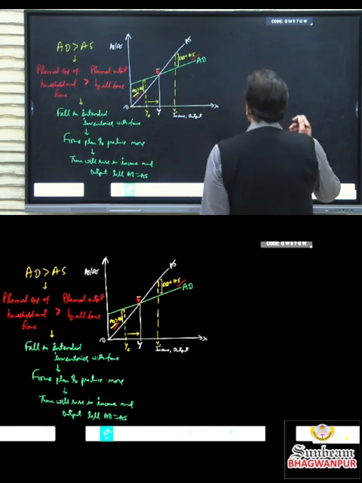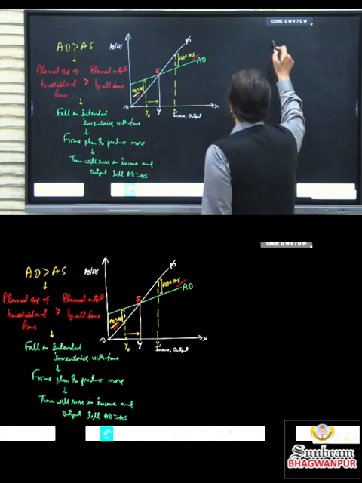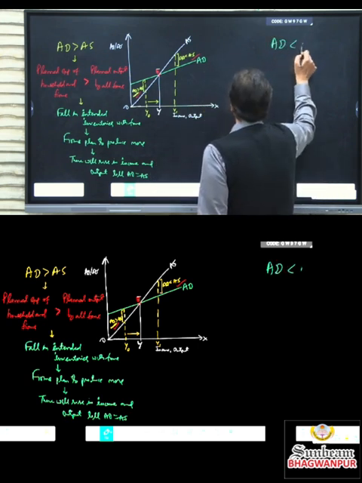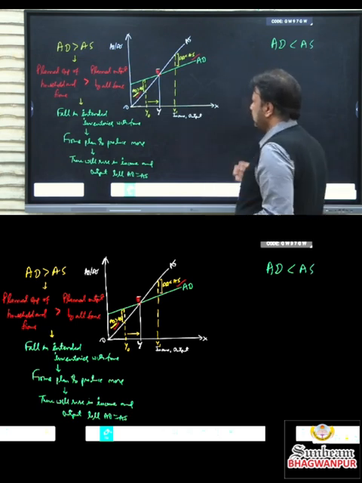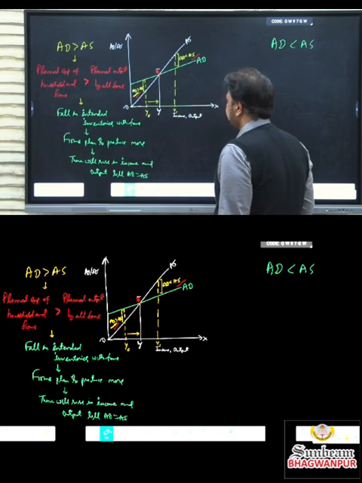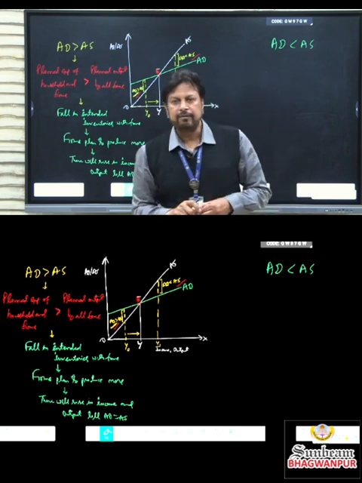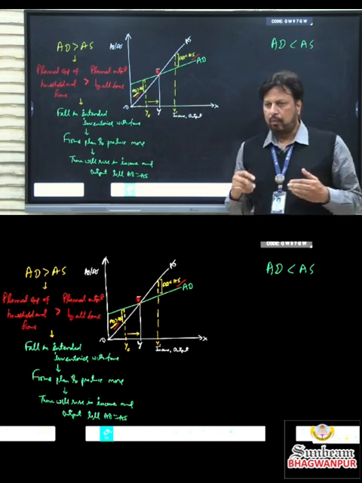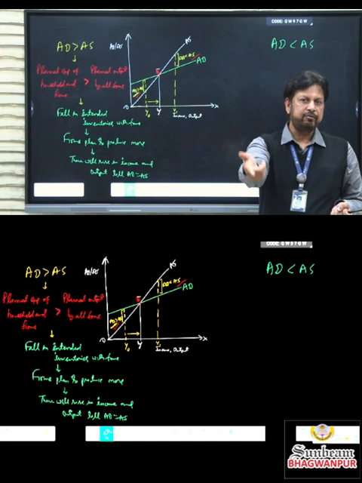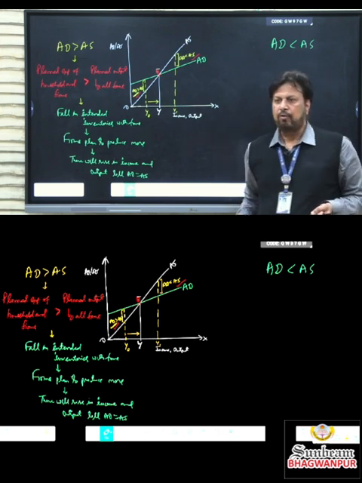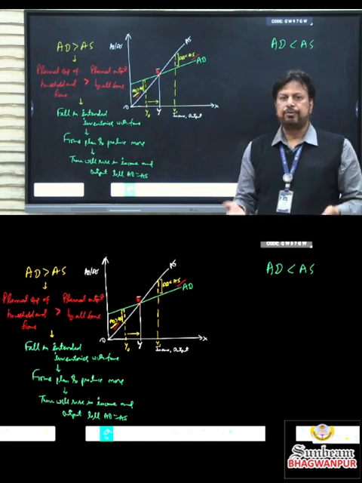On the other hand, if we have the situation AD less than AS, just the opposite situation, the planned expenditure of households and firms is less than the planned output by all the firms. Whatever households and firms are planning to spend, firms are planning to produce more.